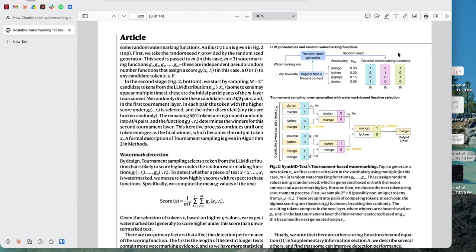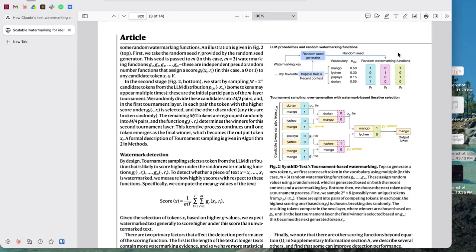Let's say mango happens to be the most popular of the tropical fruits, so you're going to get a lot of probability on completing that sentence with the word mango. Let's say after that, people like lychees a lot, so that might have a probability that's a bit lower, but still pretty high overall. After that, you have papaya, and then just with a little bit of the probability weight, we have durian down at the bottom.